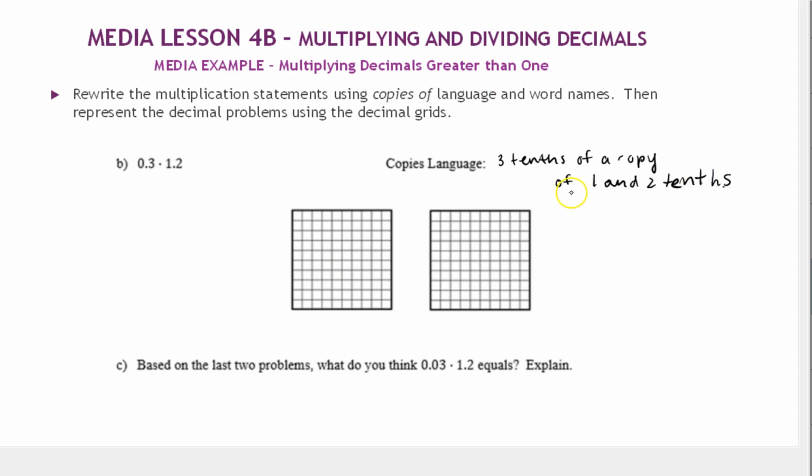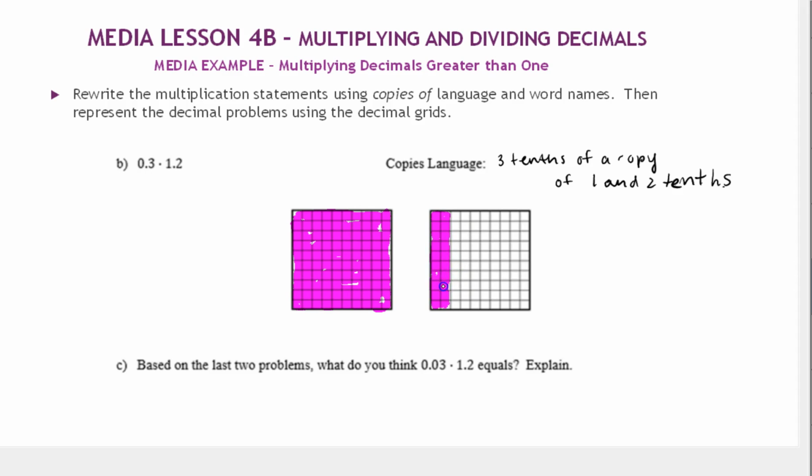So we're going to start by making a copy of 1 2/10, and then we're going to take 3/10 of that. So 1 2/10, I'm going to shade them pink, would be 1 entire decimal grid, and then we need 2/10 from the next decimal grid. So there's 1 2/10.